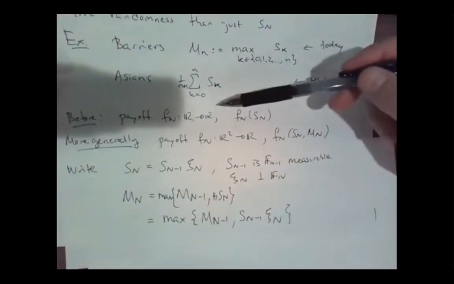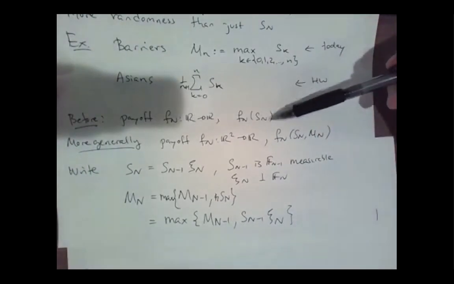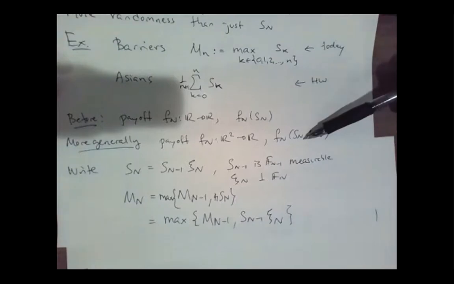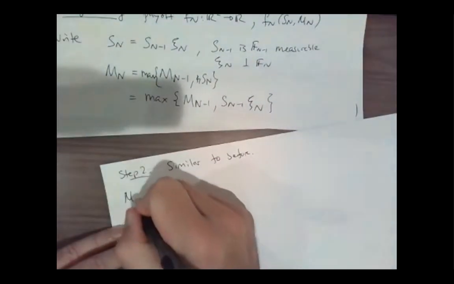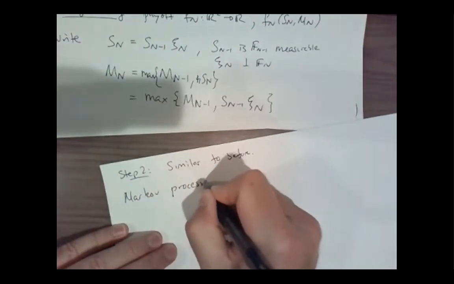I would rather spend the last few minutes talking about what is going on. So we're moving up in dimension, up from just looking at payoffs that depend upon the stock to payoffs that depend upon more things. The technical term here is a Markov process.